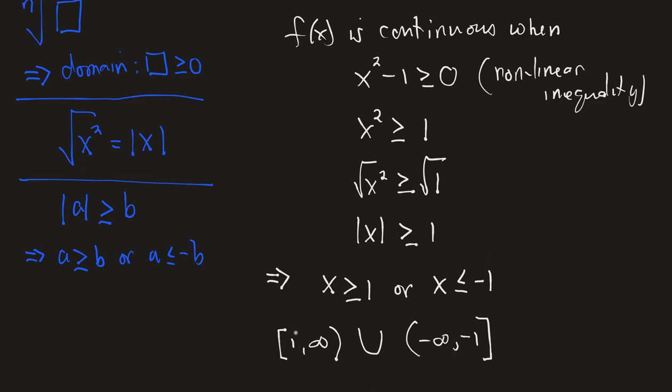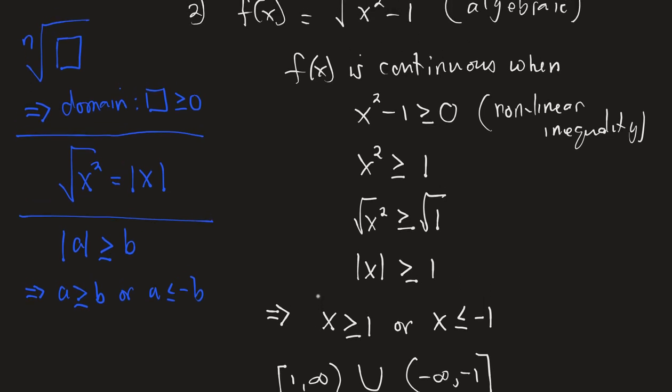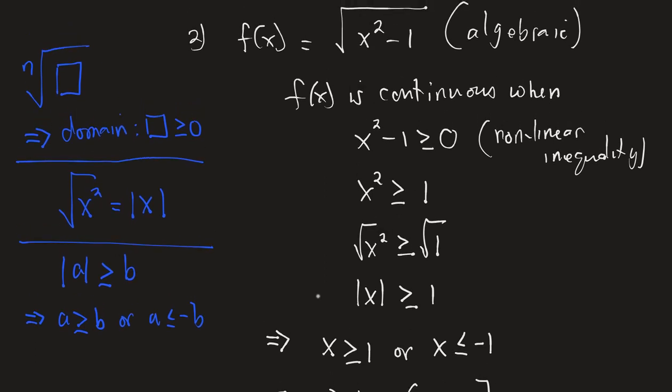So for these values of x, if your x is greater than or equal to 1, this function, the square root of x squared minus 1, is always continuous. Similarly, if x is less than or equal to negative 1, this function is also continuous.